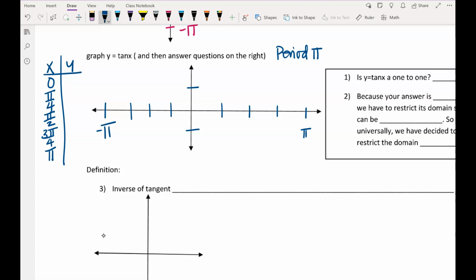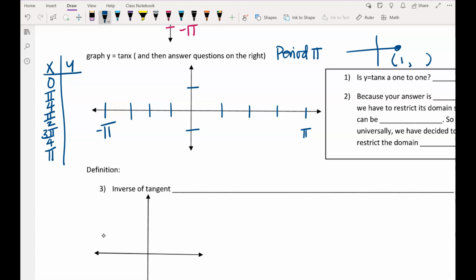Undefined, you guys agree? Tangent is what divided by what? Sine divided by cosine, y divided by x. Now I want you to imagine at 0 radians, which is here. What is x? 1.